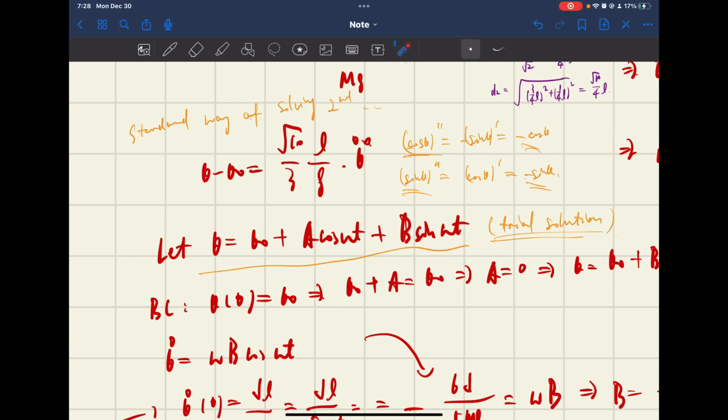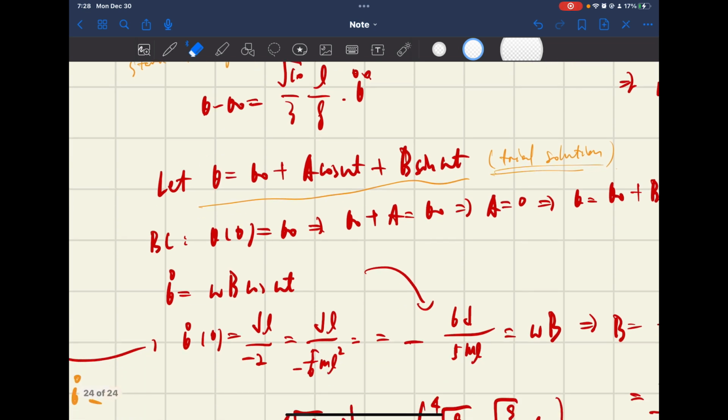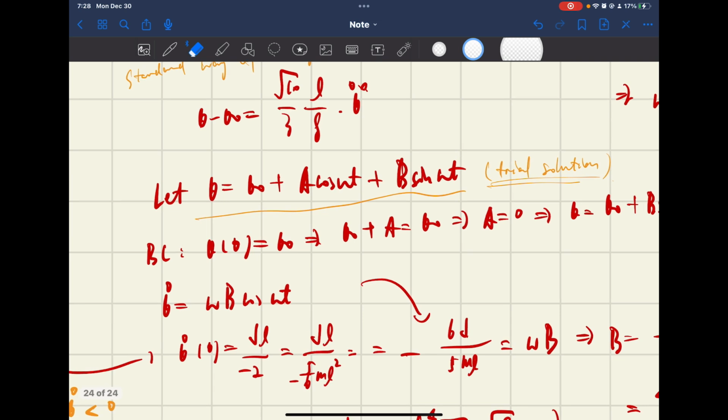So in most cases the solution of a second order differential equation will contain sinusoidal functions. Sometimes we convert it into exponential functions with imaginary numbers, but that's another similar way of solving it, because you can use Euler's formula to transform it into sine and cosine functions as well. Okay, after we utilize the trial solution, we substitute the boundary conditions in it.